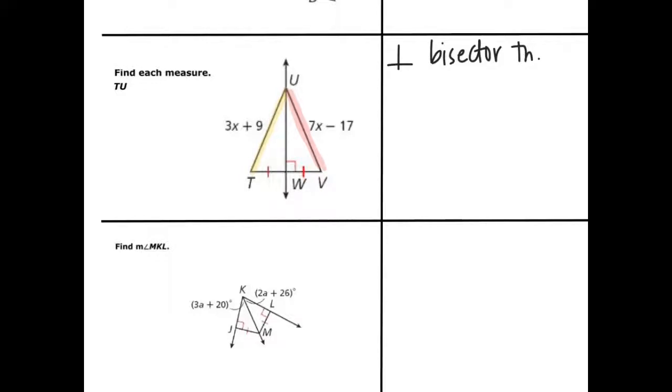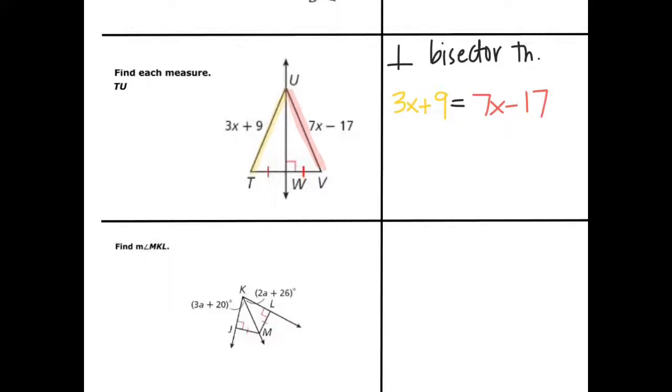So we are going to then just set our two sides, our yellow side, which was 3x plus 9, equal to the side that I highlighted in pink or red, which was 7x minus 17.